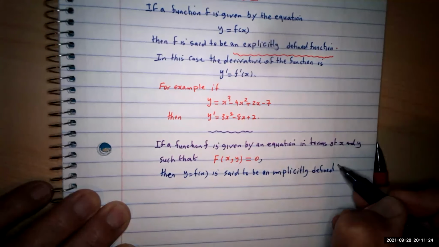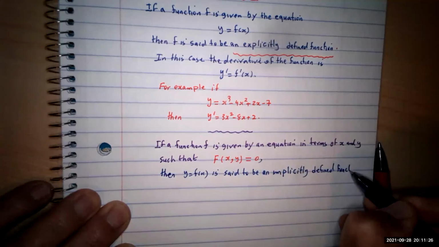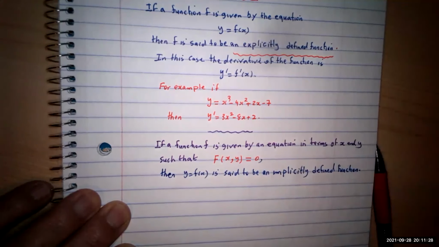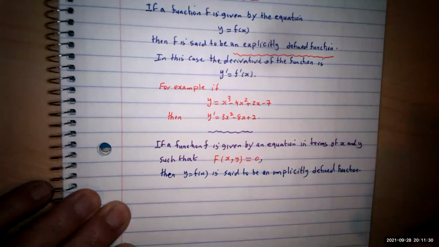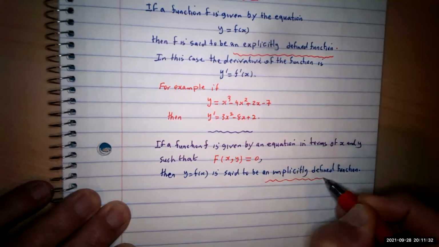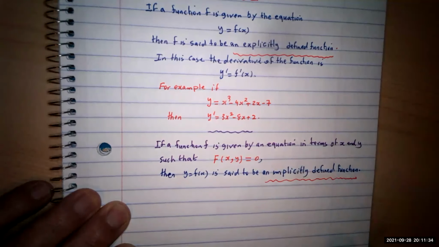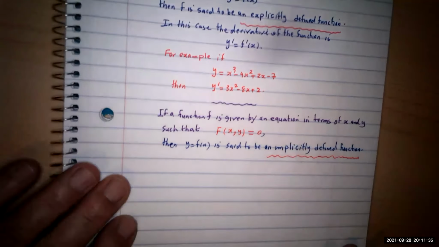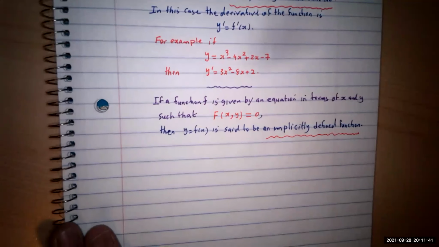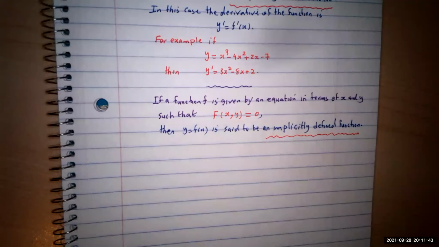Implicitly defined function. You see? So implicitly, y is somewhere. Go and find it. It's not explicitly given to you.